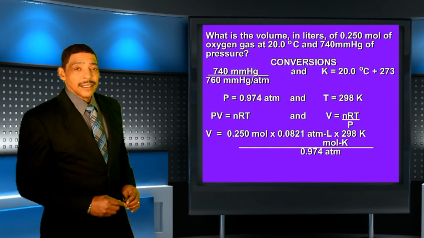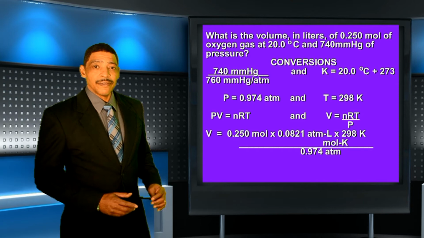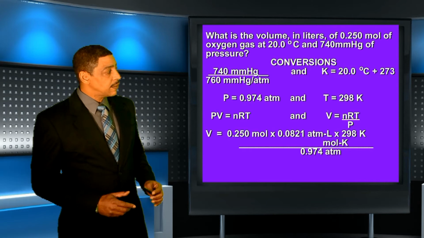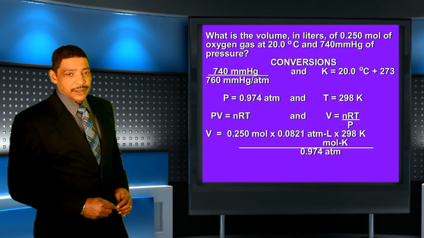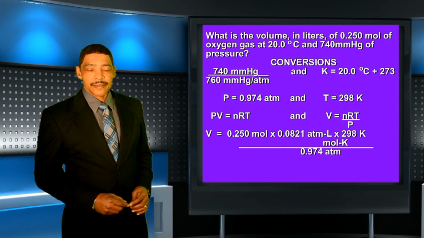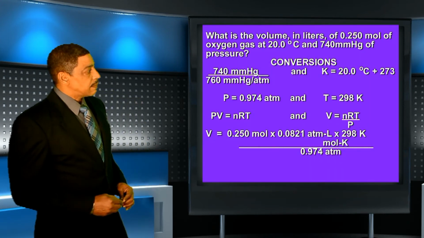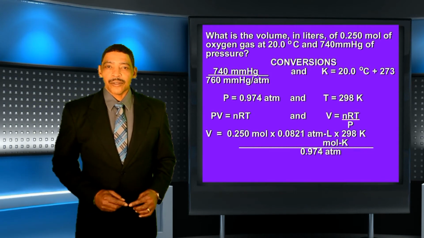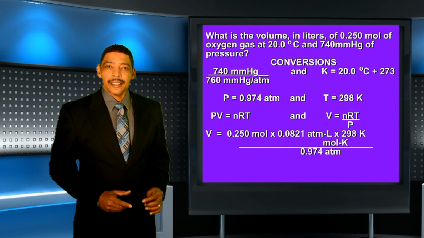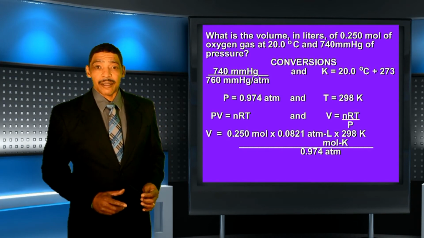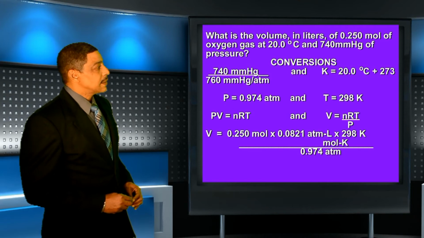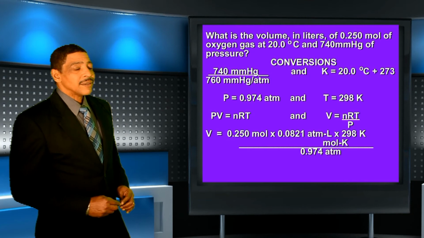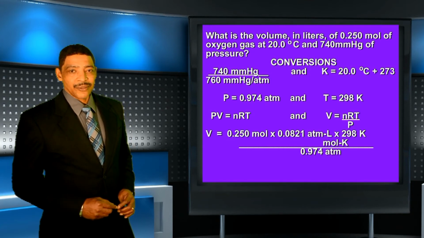After writing the ideal gas law equation, PV is equal to nRT, we may rearrange to solve for V, where V will equal nRT divided by P. Inserting the data, V will equal 0.250 mole times 0.0821 atmospheres times liters divided by moles times K times 298 K divided by 0.974 atm.